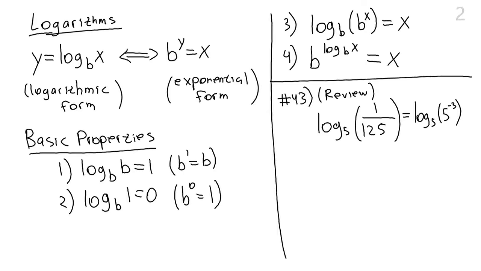Remember, 125 is 5 cubed. 1 over 125 is 5 to the power of negative 3. And so the final answer here is negative 3. 5 to what power is going to give me 1 over 125? And the answer is negative 3.